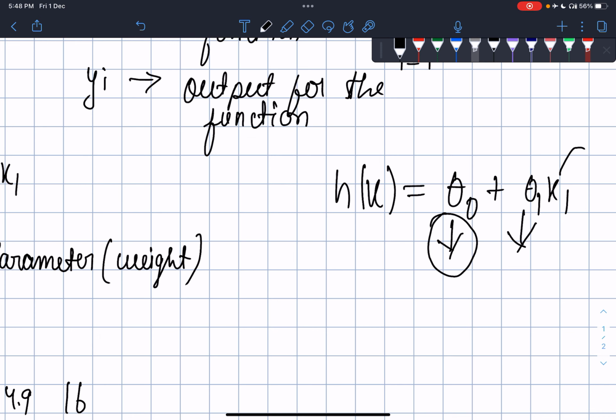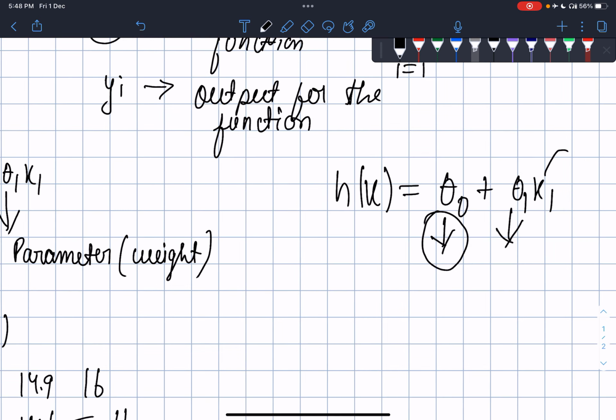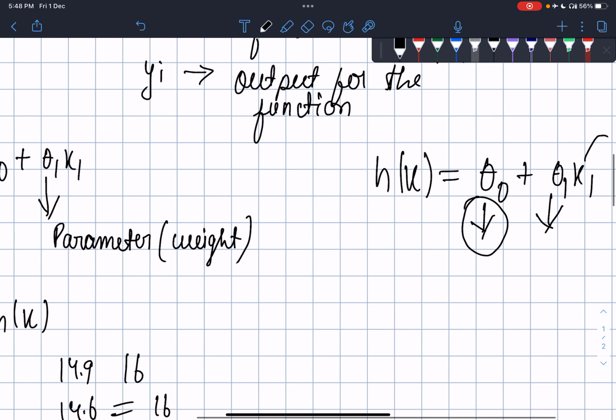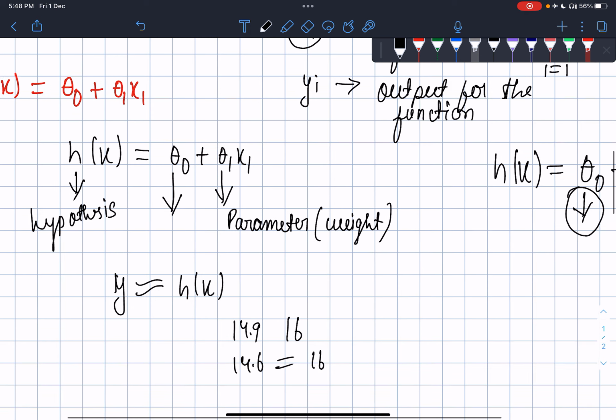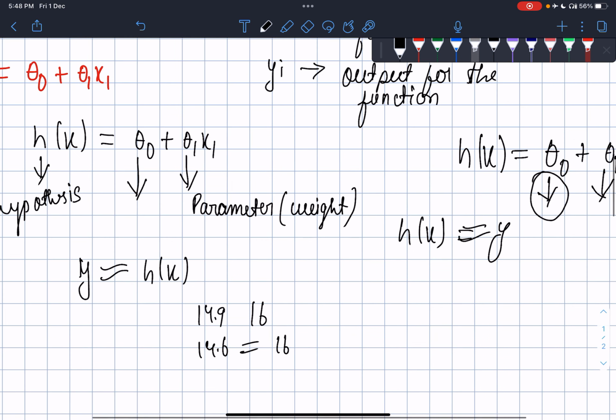This is the biggest question. We'll talk about it in later parts. But the thing is that you have to predict h of x which is approximately y.